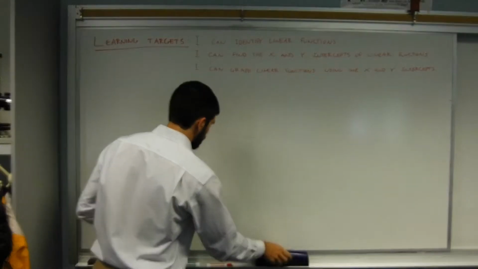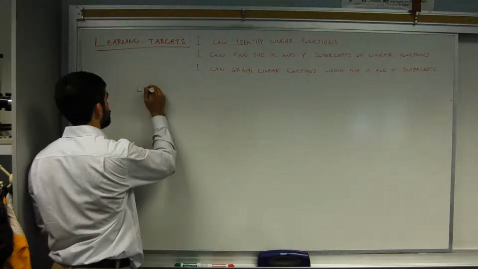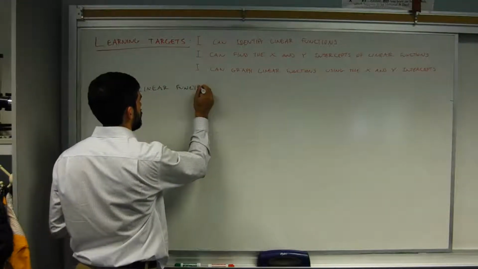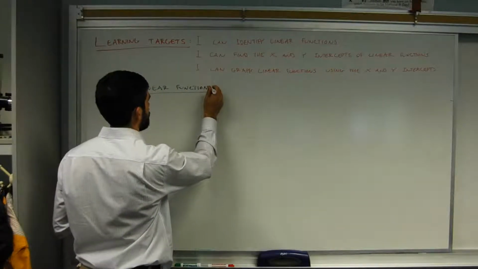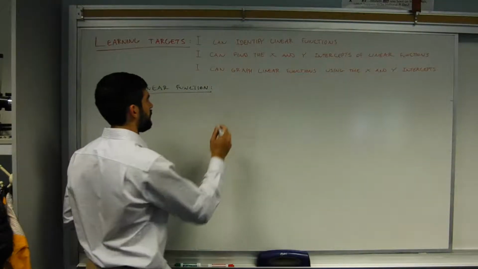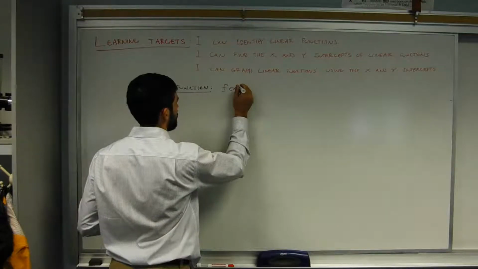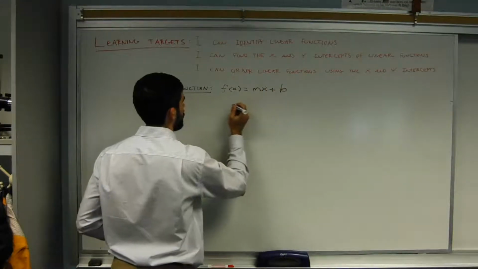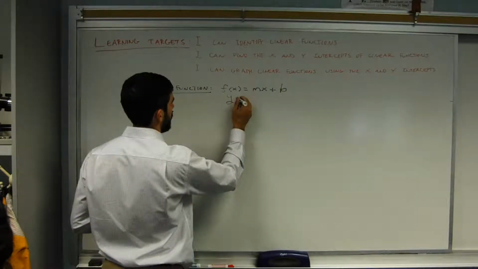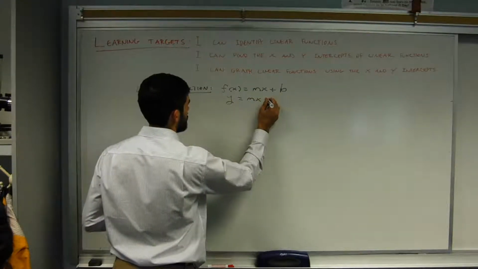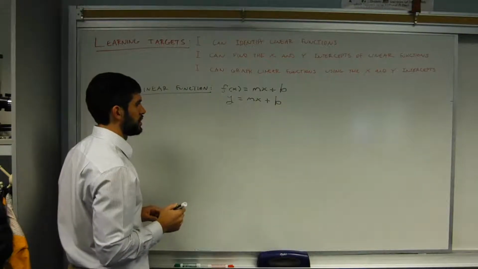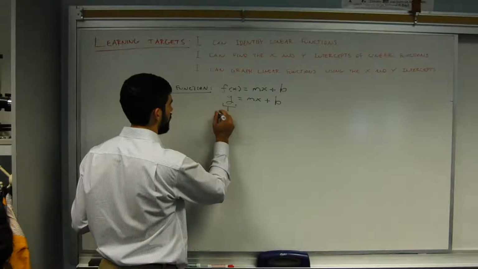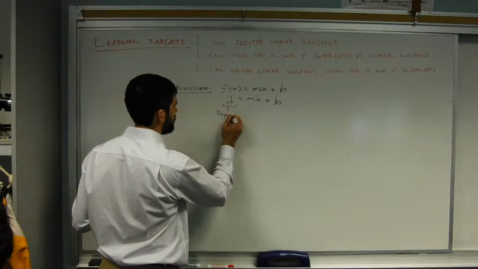So a linear function is any function that can be put into the form f of x is equal to mx plus b. Or if you prefer, we could write y is equal to mx plus b. So in this equation, y is our dependent variable.